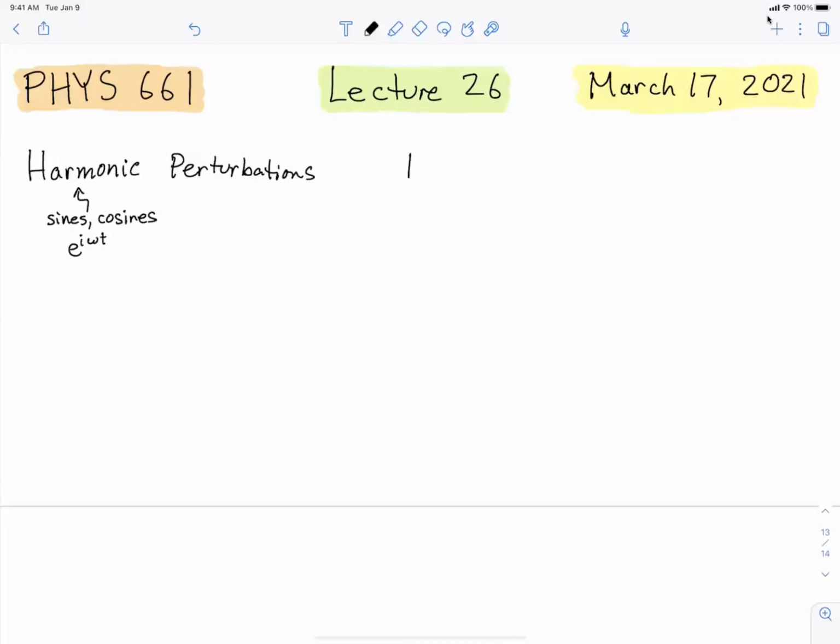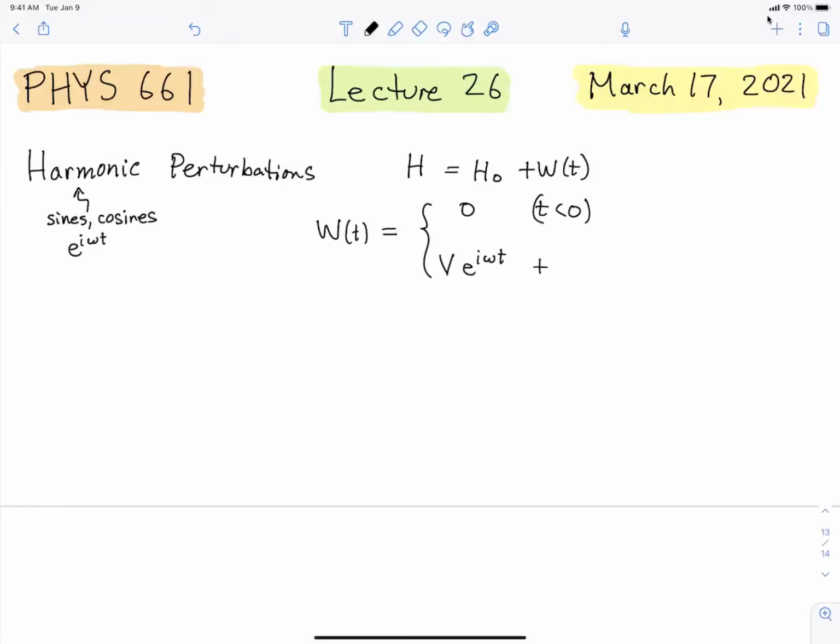And so we're writing a Hamiltonian, which is a constant part plus a time-dependent part. And so if we turn on our Hamiltonian at time t equals 0, so it's 0 for t less than 0, and we just say, what's the most general harmonic Hamiltonian we can write down, then it's going to be V times e to the i omega t, and something else times e to the minus i omega t.